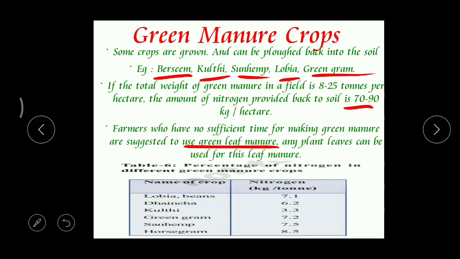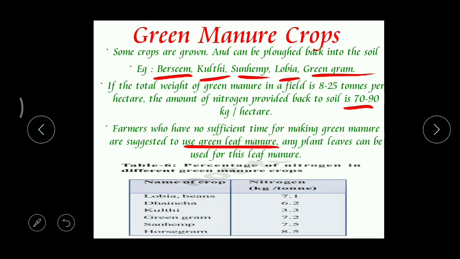Here, instead of the complete plant, we use only the leaves, and for this purpose we can select any kind of plant. But for a green manure crop there is a condition: the plant should be leguminous. But to prepare green leaf manure there is no condition. We can use any kind of plant leaves, right?